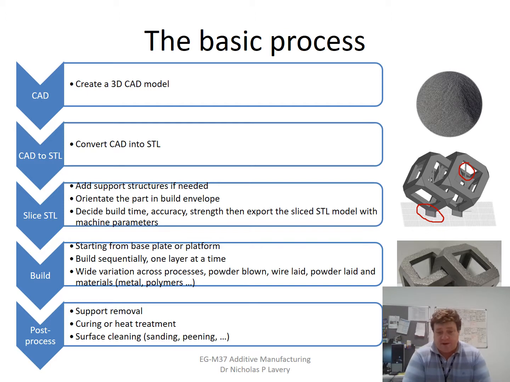When the build is complete, we have to remove the build plate, and we have to remove the support structures. At that point, we will decide what post treatments we will need to do to finalize the component, whether that be heat treatment such as hot isostatic pressing to remove porosity in metal parts, or heat treatments to reduce residual stresses.